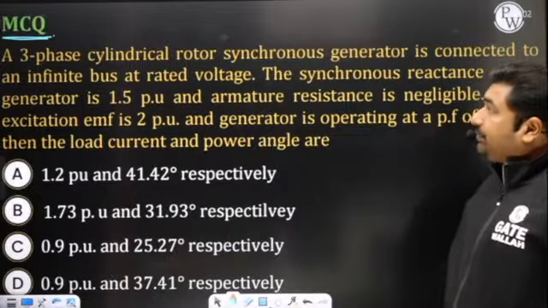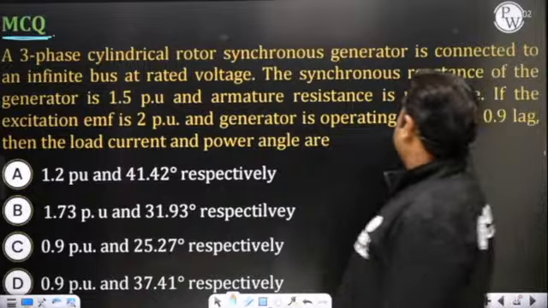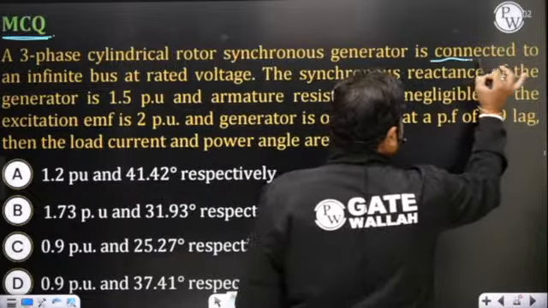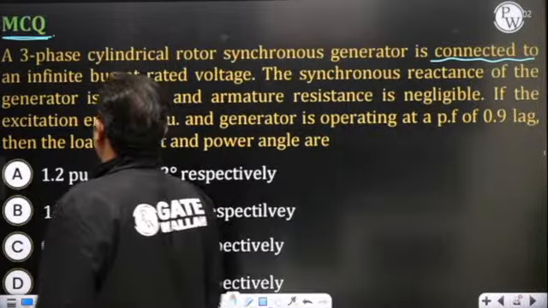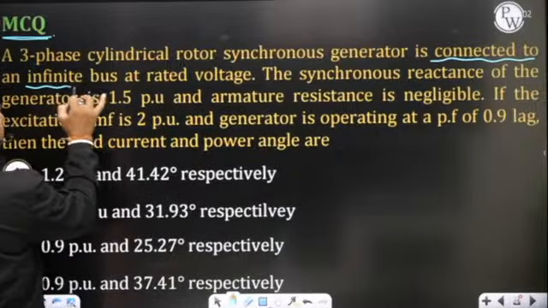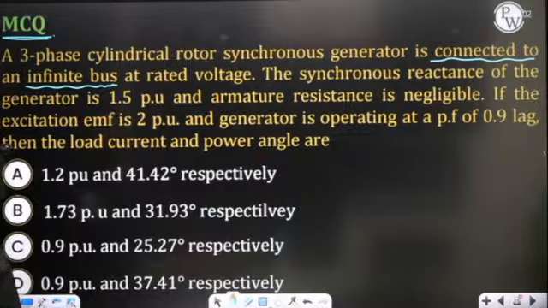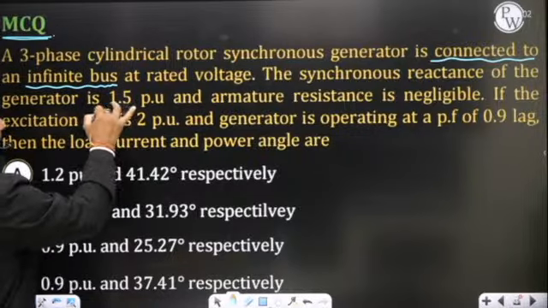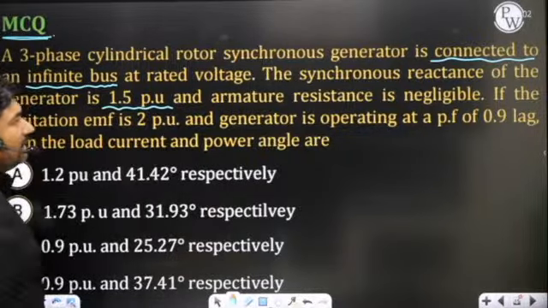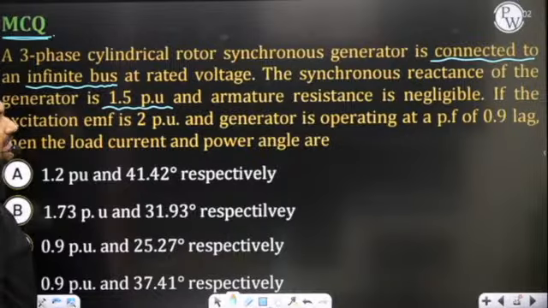Now please see, a 3-phase cylindrical rotor synchronous generator is connected to an infinite bus at rated voltage. The synchronous reactance of the generator is 1.5 per unit and the armature resistance is negligible.